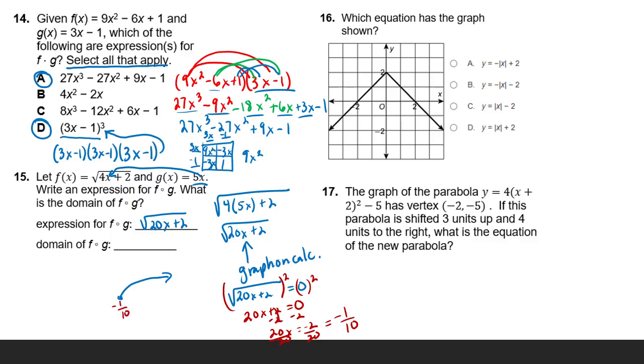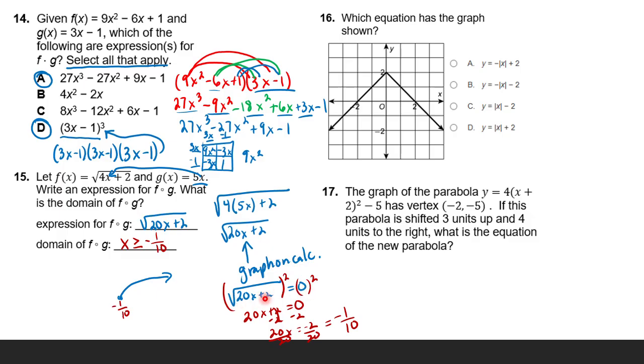So for my f sub g, we're going to have that your x can be greater than or equal to that point, the negative 1/10. Like if you graph it on the calculator, you get the basic shape of it, but you won't know exactly what that point is unless you solve like this.